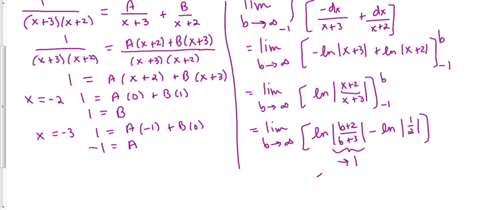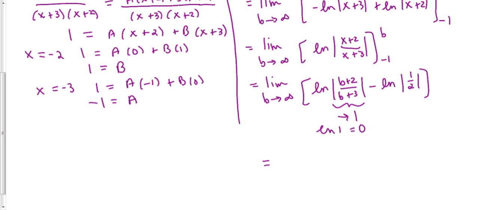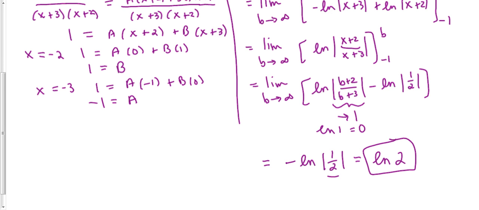And we know that the natural log of 1 is equal to 0. So my integral is going to be the negative natural log of a half. And of course, I don't like that negative sign in front, so I'm going to use it as an exponent, which means I can flip my fraction here, and this is going to give me the natural log of 2, and that is what my integral will converge to.